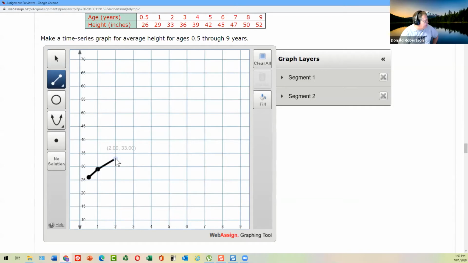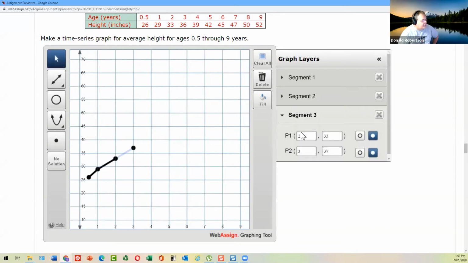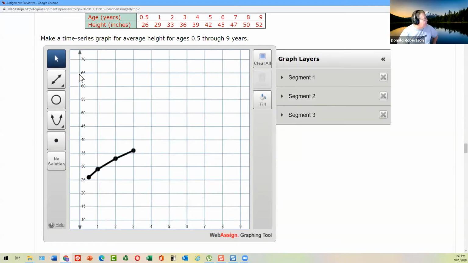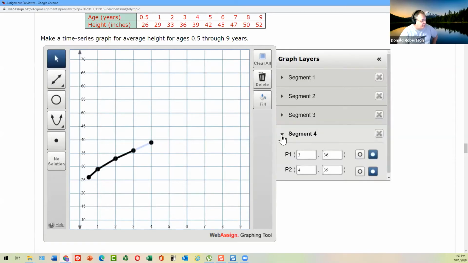2, 33, which is here. Click on it and go to 3, 36. 3, 36 here. Check it out. Tweak it a little bit. Fixed. Next one. 3, 36 to 4, 39. Click on top of that dot. Let's see how close I was. Hey, eventually you're going to get one right.